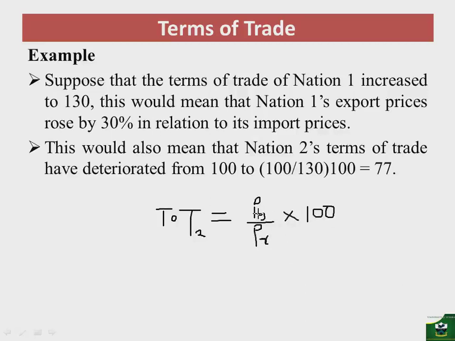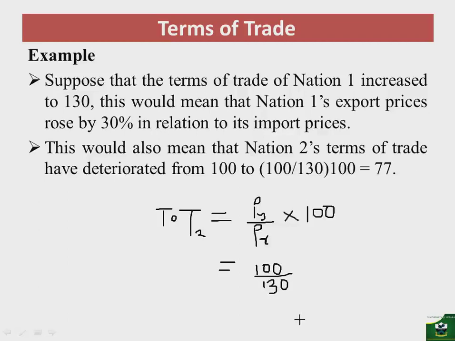So if nation 1's terms of trade have increased to 130, it means that we will have 130 in the denominator, because this will be the index for the import price in nation 2. And the export price in nation 2 remains 100.